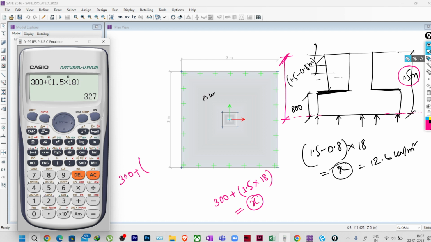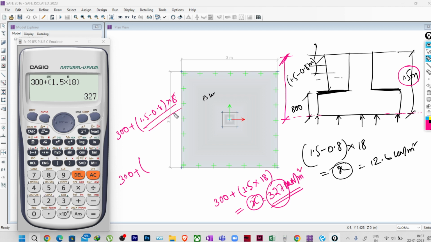So this is 327 kilonewton per meter square, which will be our gross SBC, and this will be our limit. I think earlier I explained it as 300 plus 1.5 minus 0.8 multiplied by 18 as the gross SBC.